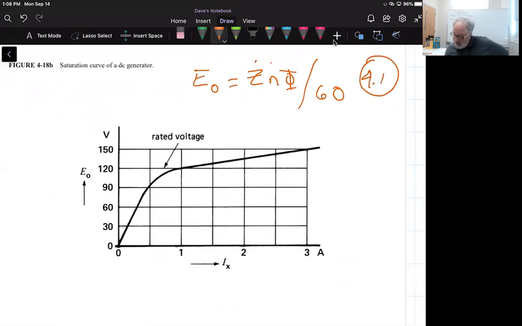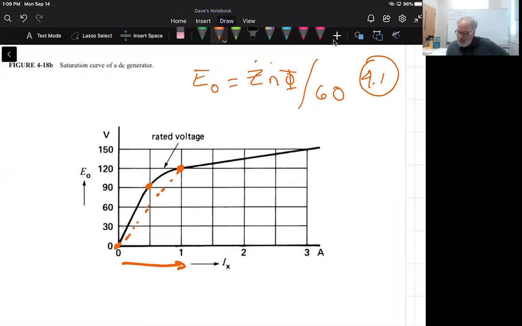So here I am with excitation current again, going from 0 to 1 amp, and I see that same sort of portion that's almost linear. Then this is the knee, where it starts to level off. Electrical machines in general are designed so that they operate almost in that linear portion of the curve.